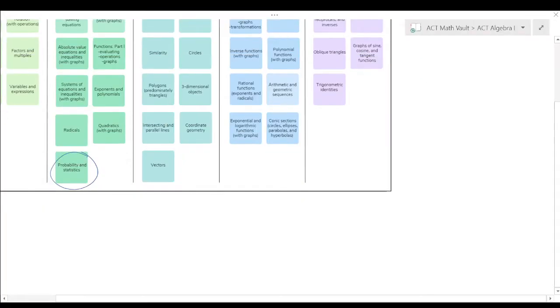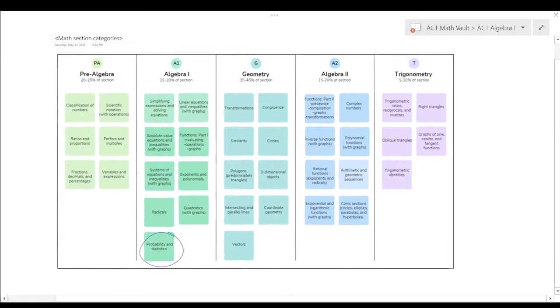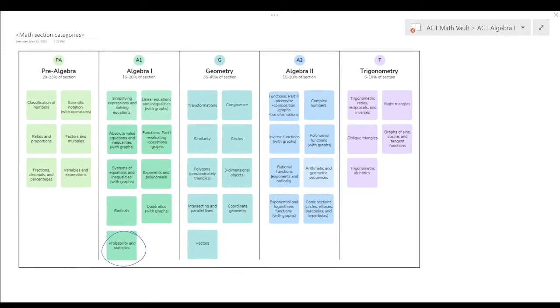So where does this fall in the grand scheme of things? Probability really could be nested under any of these subjects, but Algebra I is when I have taught this, sometimes Algebra II as well.